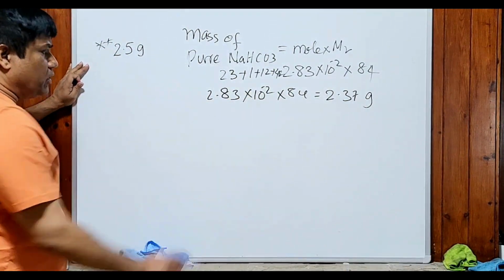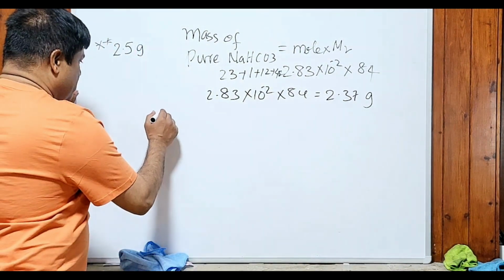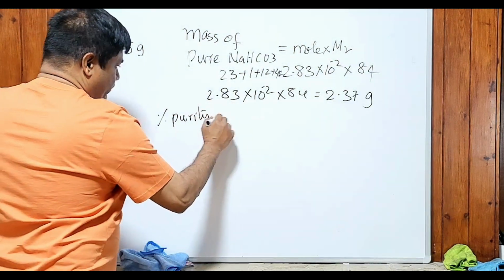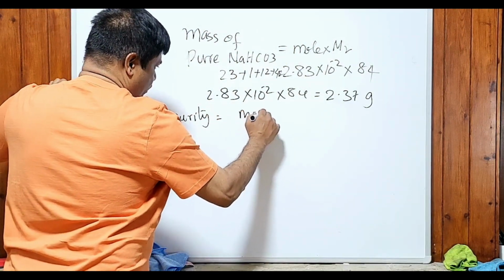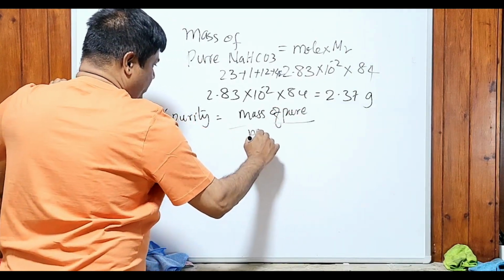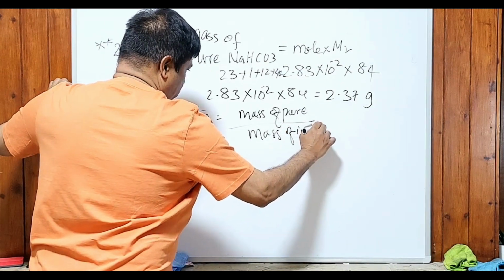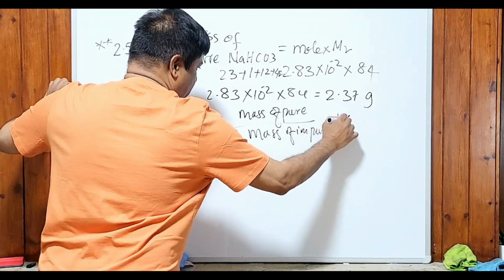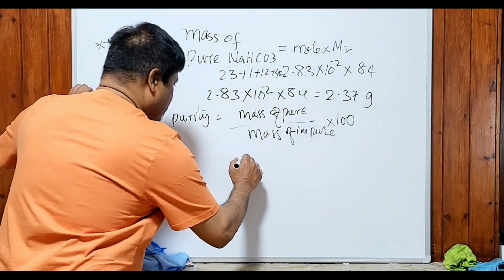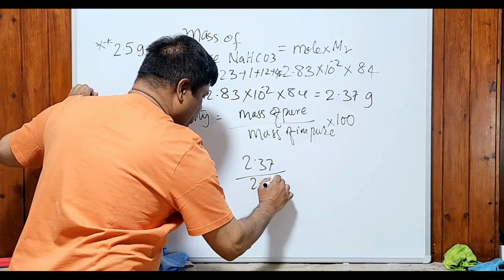So what's the formula to work out the percentage purity? Easy one. Percentage purity equals mass of pure divided by mass of impure times 100. Always percentage means you have to times by 100, which is 2.37 gram divided by 2.50 gram.